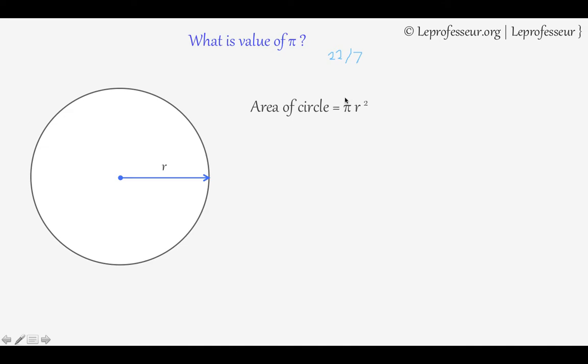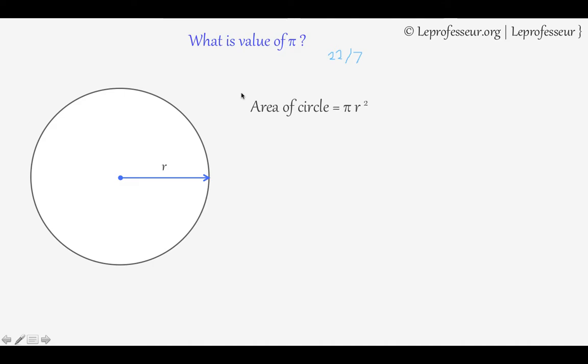Now, if we know the area of the circle and the radius, we can estimate the value of pi. But if we don't know the area, then you just plug in 22 by 7 and r square and you get the area of the circle. So the question here is how can we estimate the value of pi, when we don't know the area of the circle either?